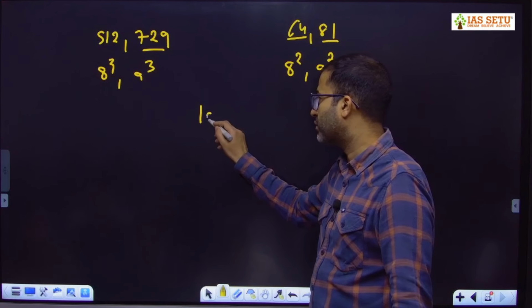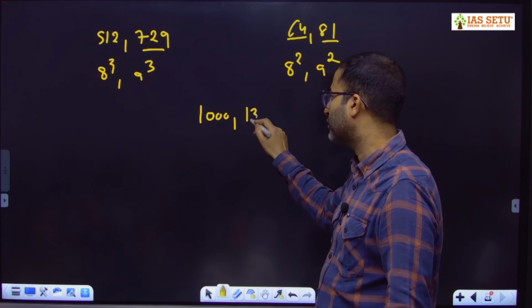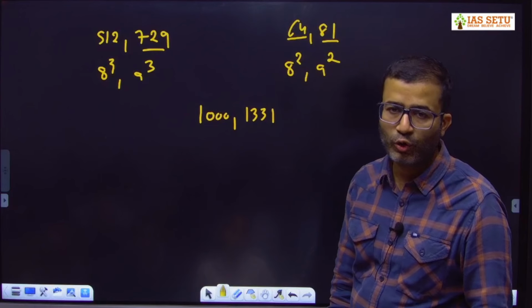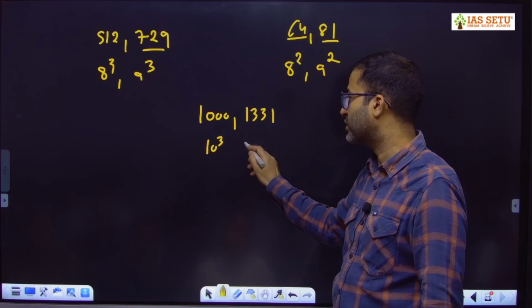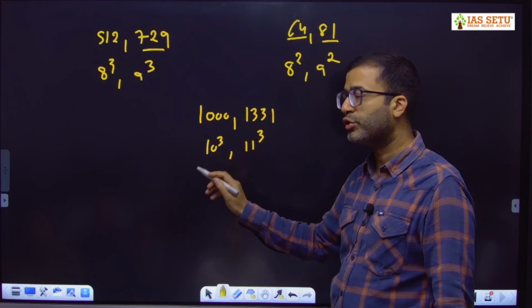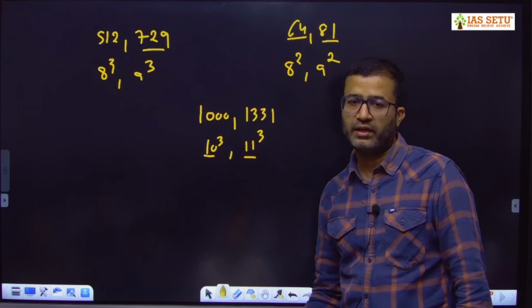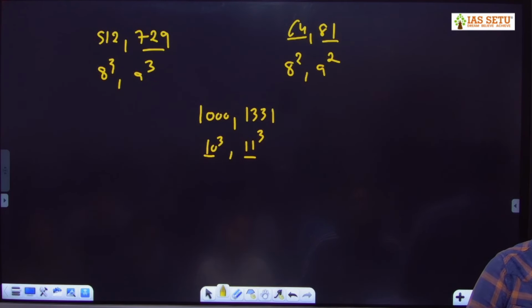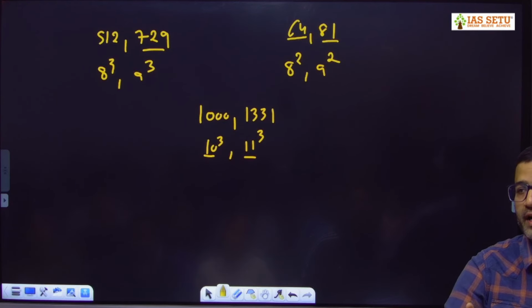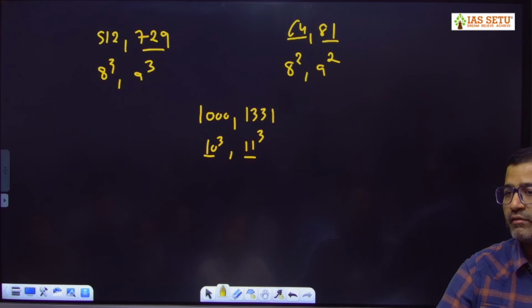Tell me whether 1000 and 1331 are co-prime, yes or no? This is 10 cube, this is 11 cube. So now your duty is to check only 10 and 11. Are 10 and 11 co-prime? Yes. Why? 2 consecutive natural numbers.